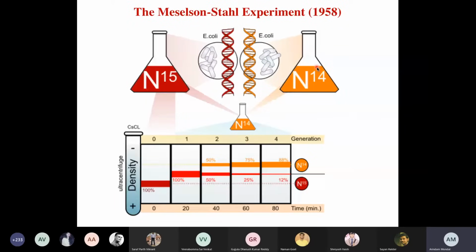This is an extremely important experiment, and in terms of overall instrumentation, it utilizes one of the simplest instruments, a classical technique which was established long back. This experiment is basically the ultracentrifugation technique.